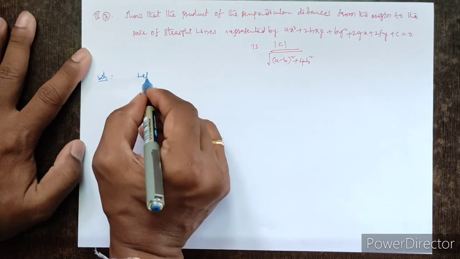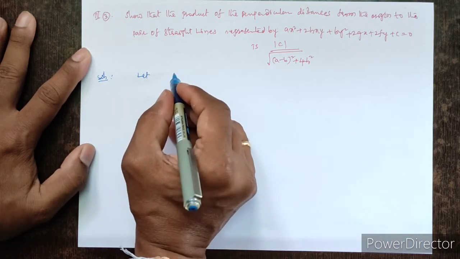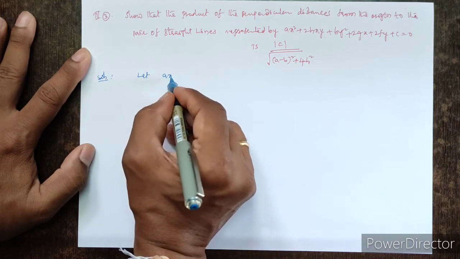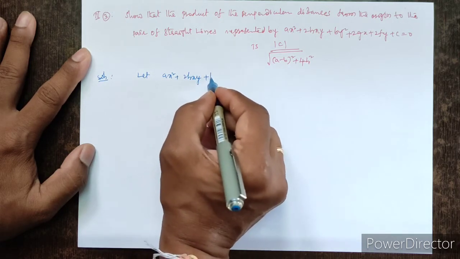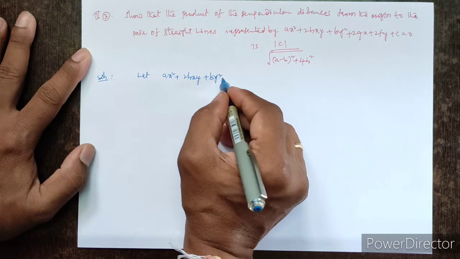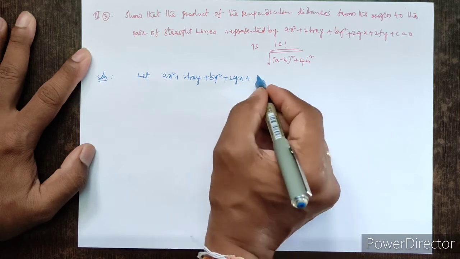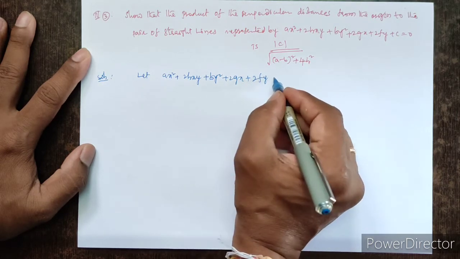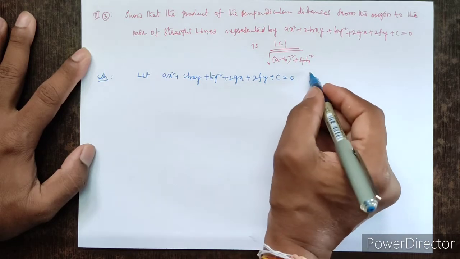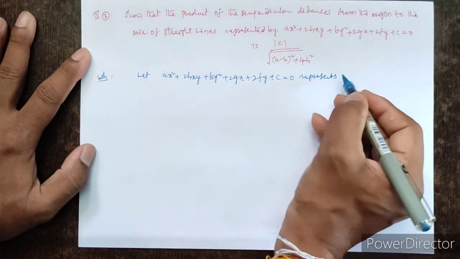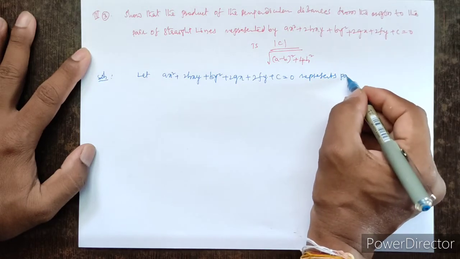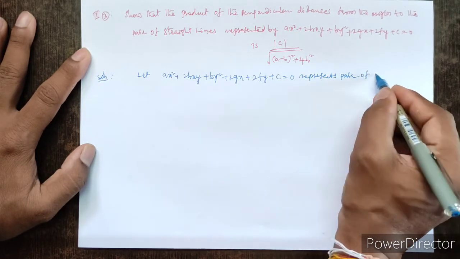Let the given combined equation ax square plus 2hxy plus by square plus 2gx plus 2fy plus c equal to 0 represent a pair of lines.